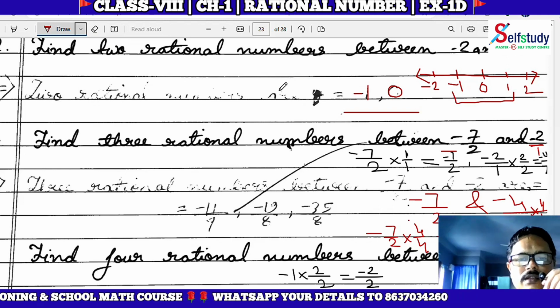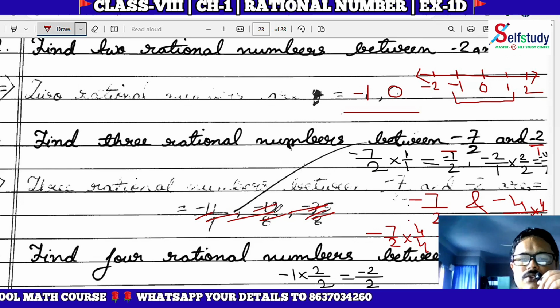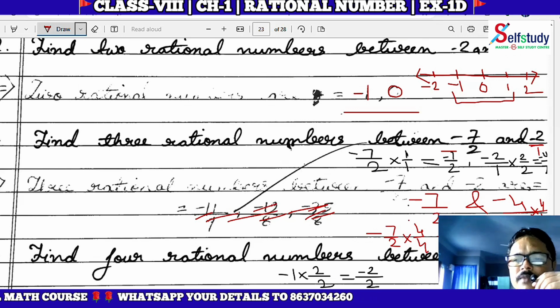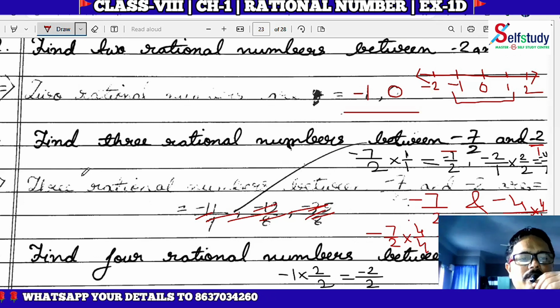So children, I think whatever the answers are written here before, this answer is not correct, so you write the correct answer here. Now you need to write three integers which come in between minus 28 and minus 16, and the denominator will remain same. So here also many children make a mistake.